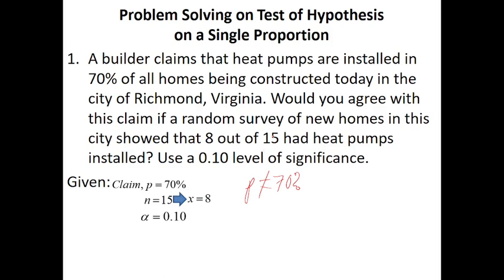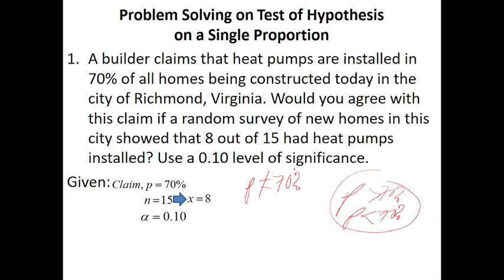So with that, it's not mentioned that would you agree that the proportion is greater than 70%? That was not mentioned. Would you agree that the proportion is less than 70%? That is also not mentioned in the problem. Therefore, we have to consider both.